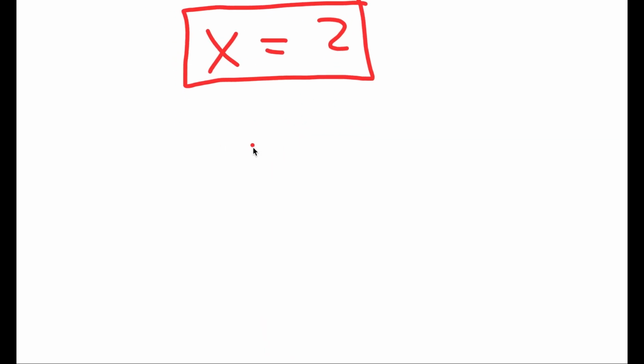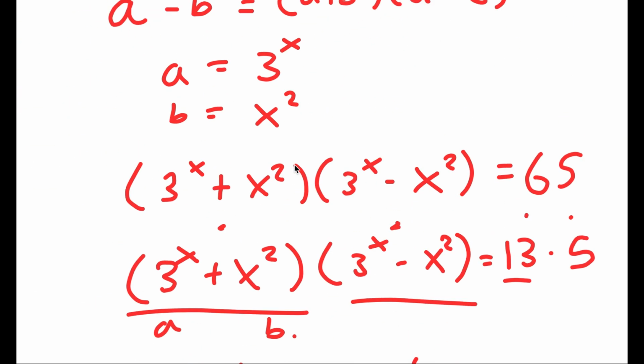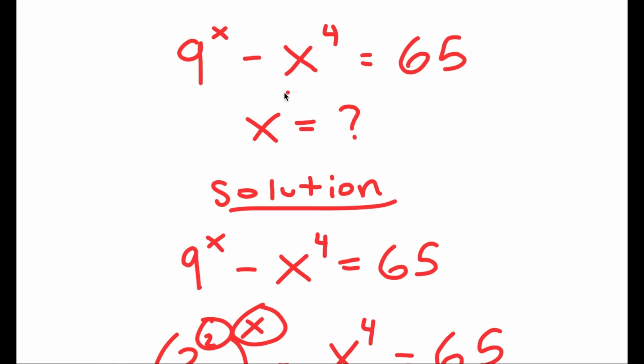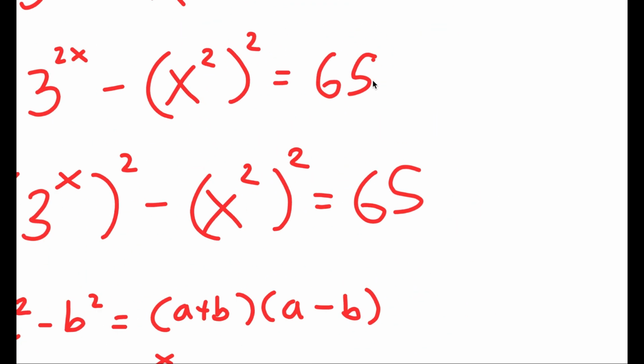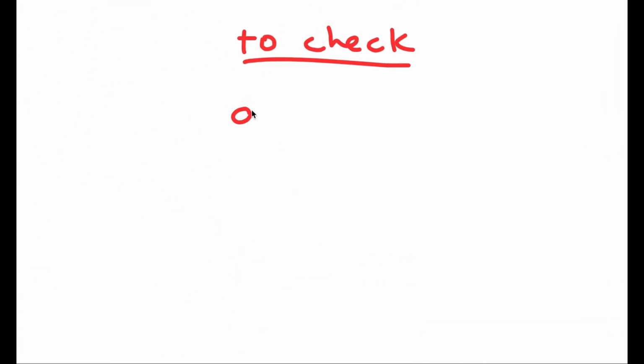So now, to check, going back here, my equation was 9 to the power of x minus x to the power of 4, it equals 65.